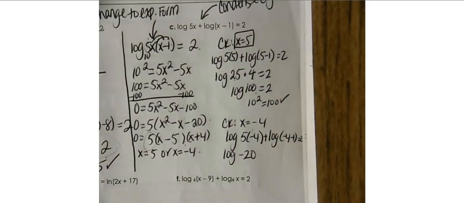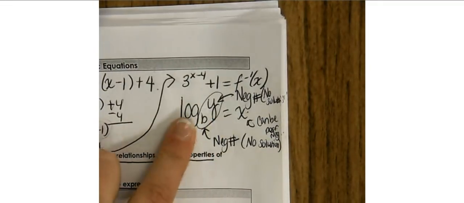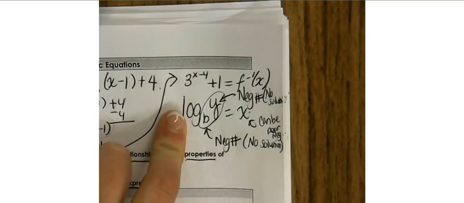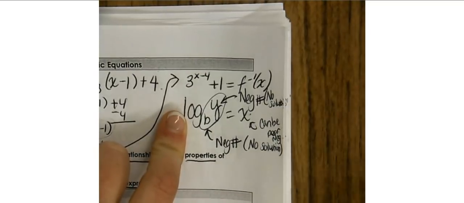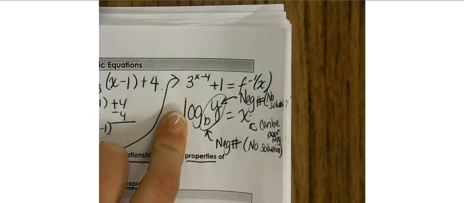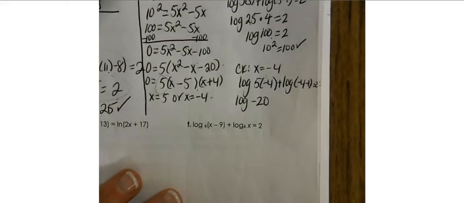And that's because I have a negative 20. And I just said to you guys that if you see a negative that's next door to any sort of log, where you've had to substitute something in and now you're taking the logarithm of a negative, or your base suddenly becomes negative, then that means that you automatically have a no solution situation. So x equals negative 4 is out, and x equals 5 is your answer.